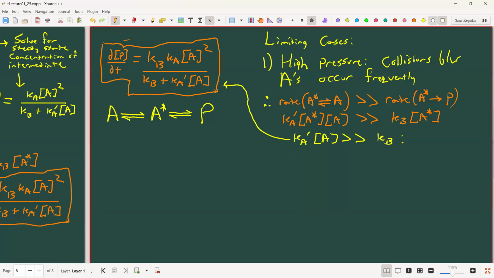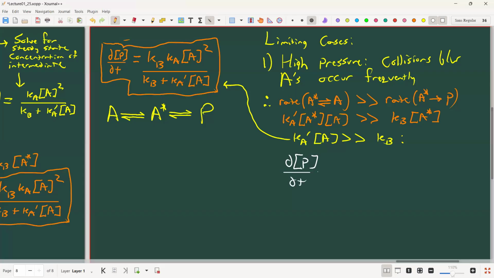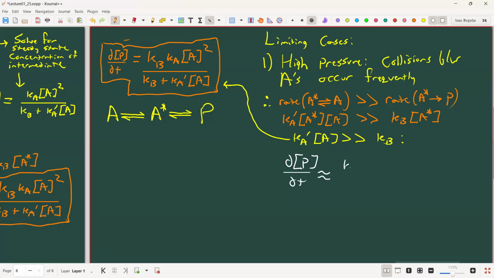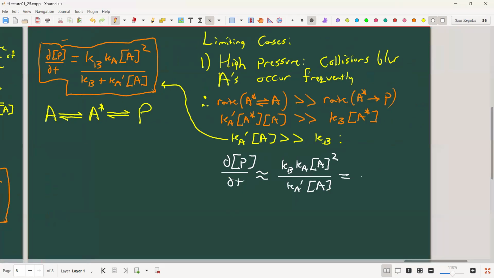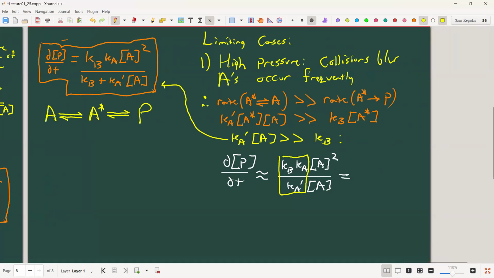And that would tell us now that dP/dt effectively looks like Kb Ka times A squared over Ka prime A. Doing a little bit of algebra, I'm going to put these three parameters together into a single one called K observed, some effective rate constant.